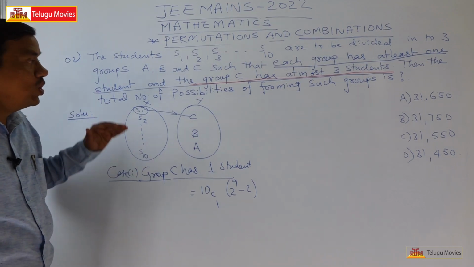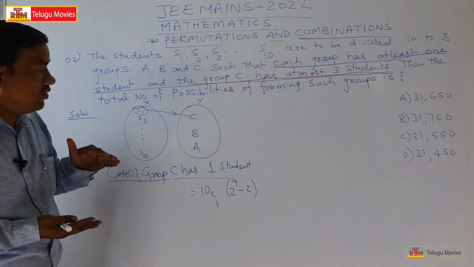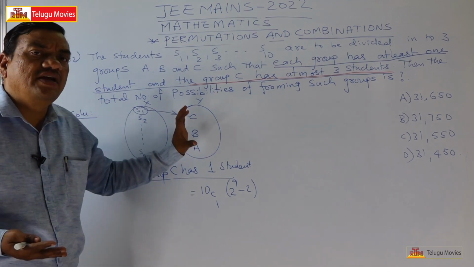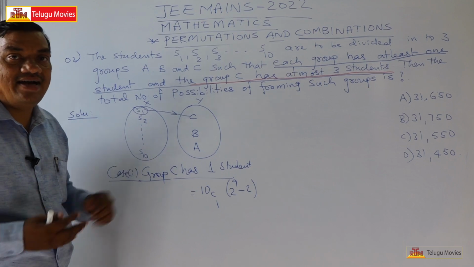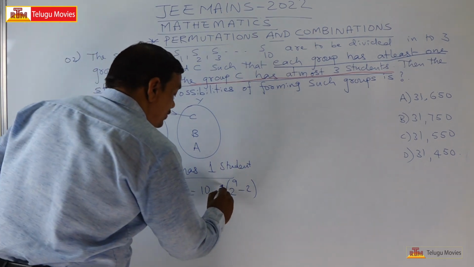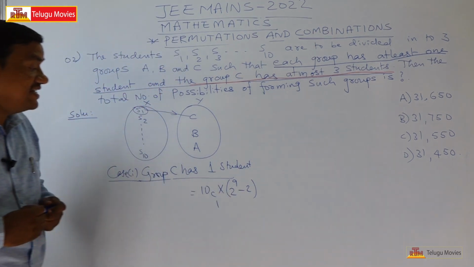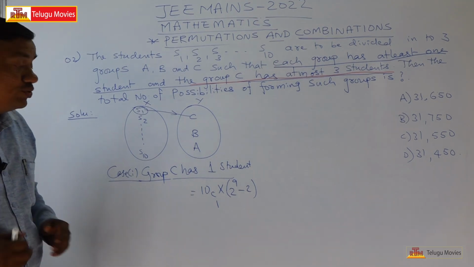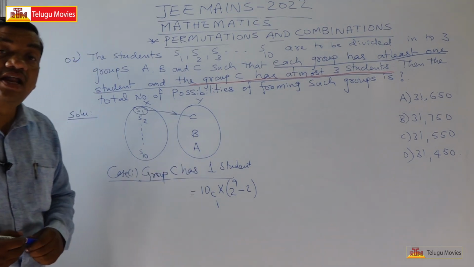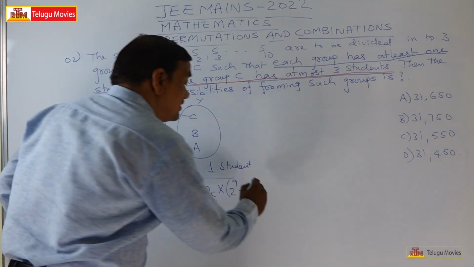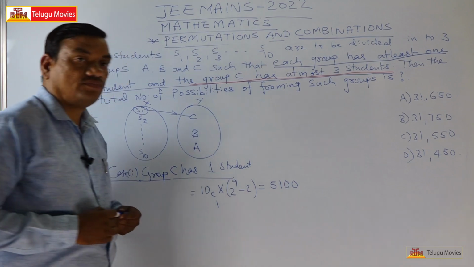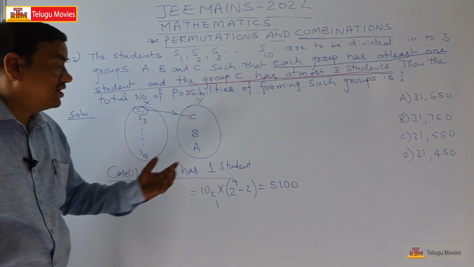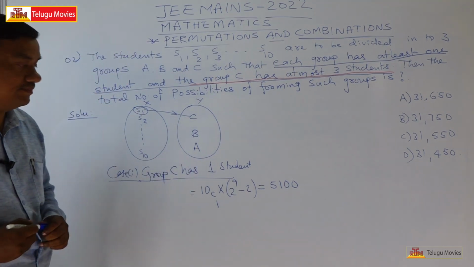So this is 10C1 into 2 power n minus 2. If you calculate this value, you will get 5100.